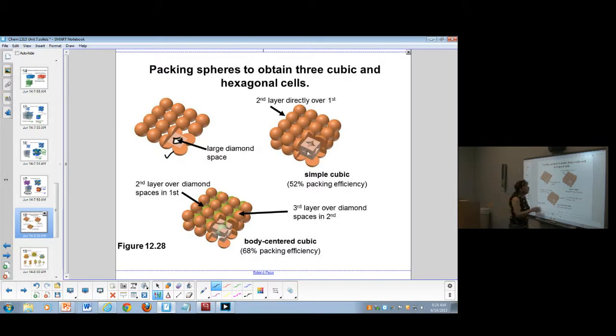You can lay them right on top of each other, and so you continue to hold that diamond shape in there. Or, down here, you can put the next cubic cell right over that diamond-shaped hole. And then the next, of course, would be on top. So you can see the diamond is right here, but you can't see it anymore because that space is filled in with the second layer.